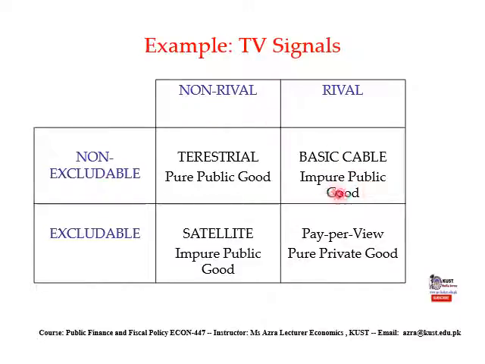Basic cable impure public good is rival as well as non-excludable. Satellite impure public good is non-rival and non-excludable. Pay-per-view pure private good is rival as well as excludable. Here we have categorized the goods into excludable, non-excludable, rival as well as non-rival goods.